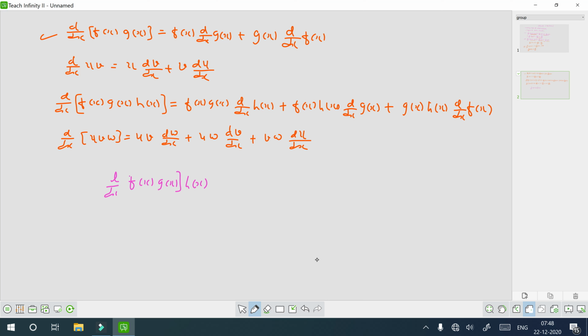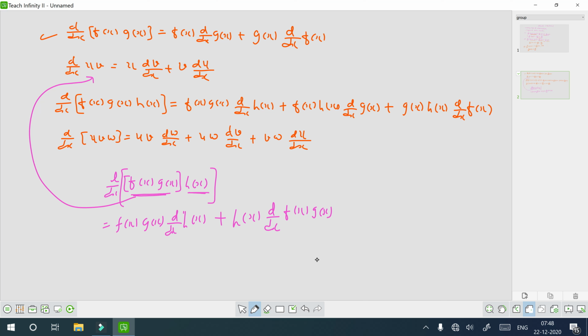Let us take in this way. This is first function, this is second function, u and v. U as it is, derivative of v. Now, v as it is, derivative of u. Yes or no? Which rule is applied here?